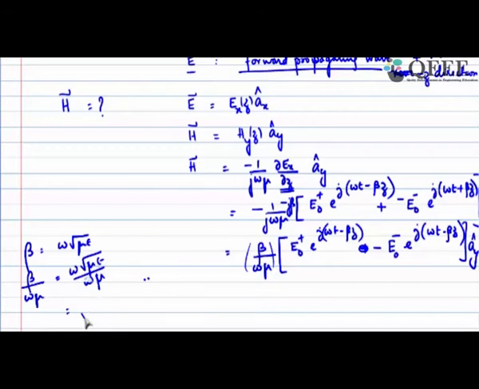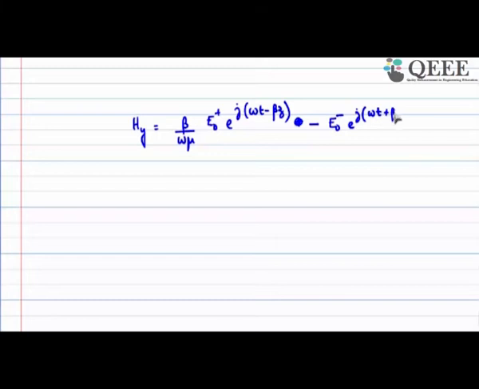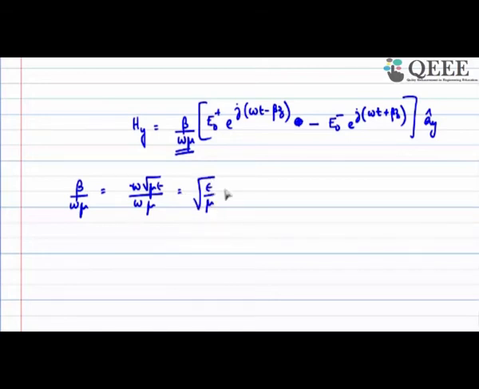So this is nothing but square root of epsilon by mu. So we derived Hy as beta by omega mu times E naught plus e power j omega t minus beta z, minus E naught minus e power j omega t plus beta z, and the point to note is that it is in the Ay direction, and beta by omega mu is under root epsilon by mu.